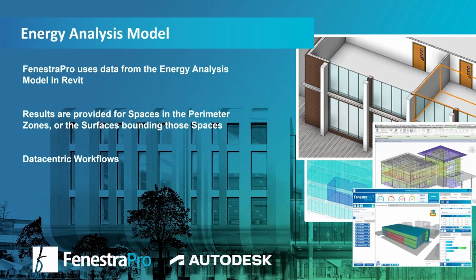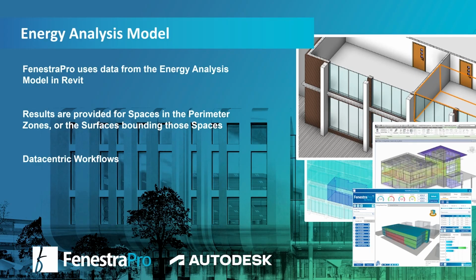We very much look for the spaces and the surfaces within the Revit model, because the Revit energy analysis model will compile that and put that together and make sense of it, I suppose, so that all the different spaces and rooms within that building have a logical sense to them, and all of the external surfaces have a logical sense to them. FenestraPro will put those things together and start building them up into facades, and then we can start getting sort of real-time feedback and metrics from those facades.